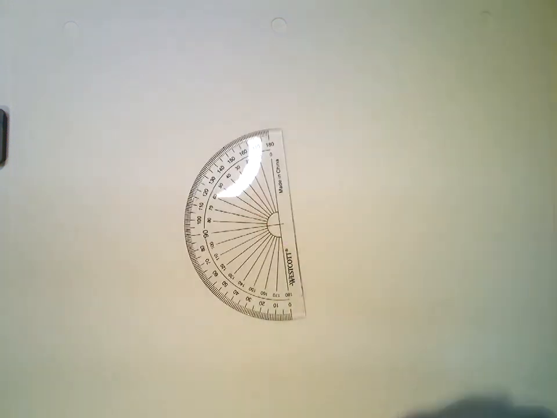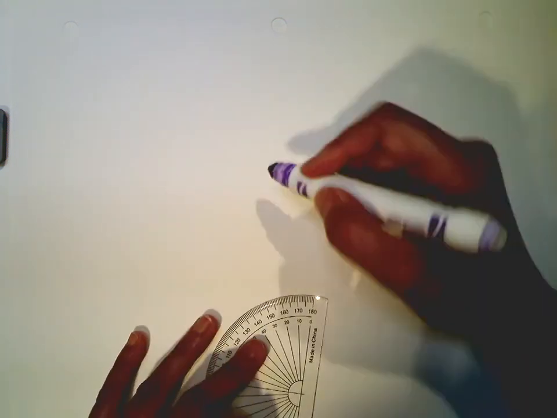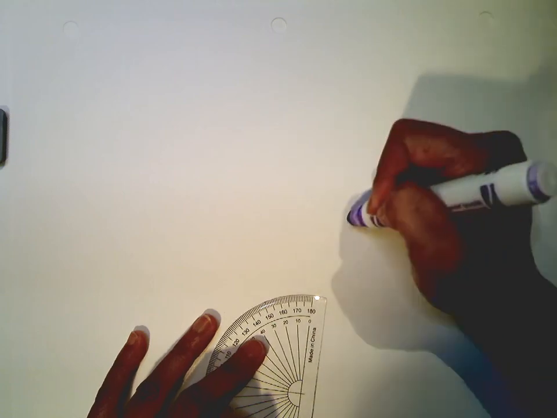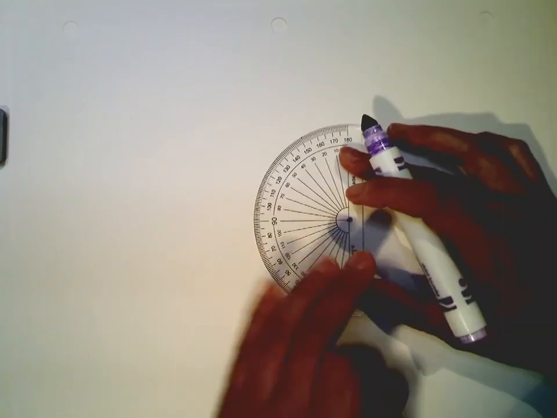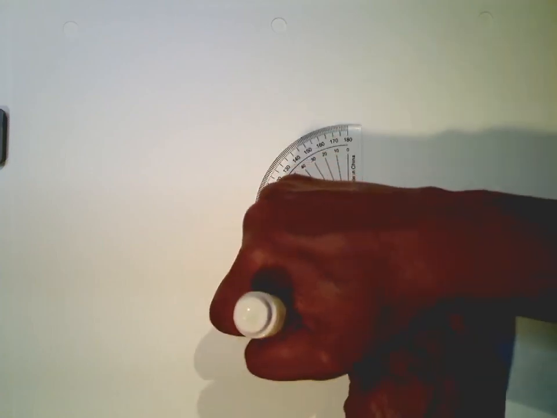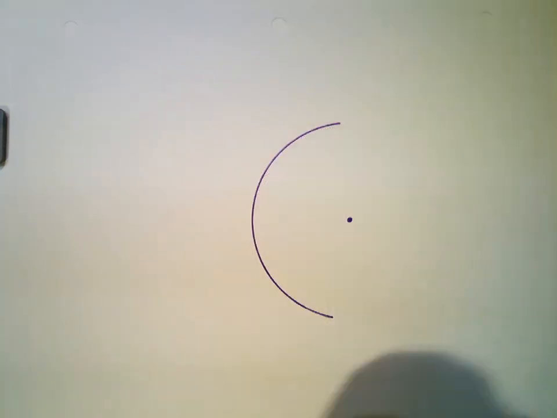All right, so I'm going to draw my curved mirror. I'll draw this nice little dot over here on this side, for example, and draw a nice curve like so. And I'm going to draw the focus.